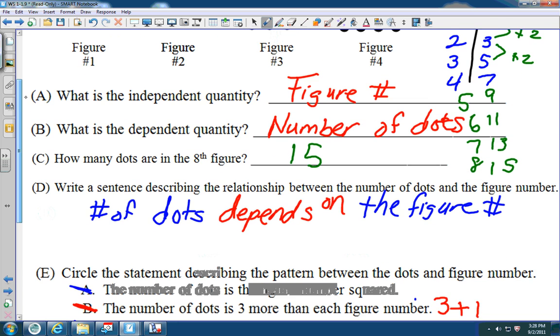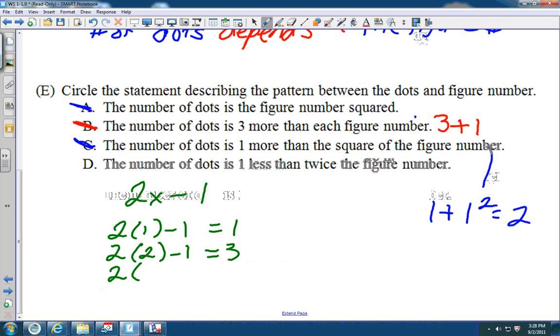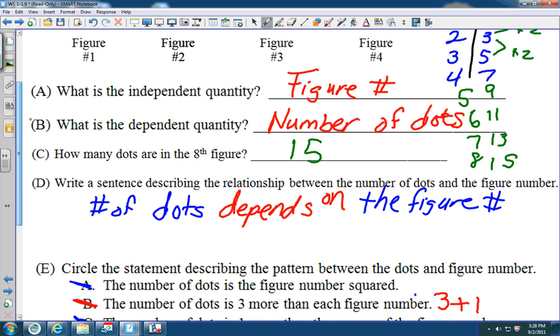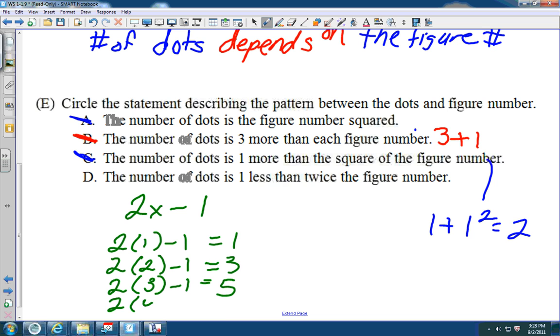Do I have 2, 3? Yep. 2 times 3 is 6. 6 minus 1 is 5. 3, 5 sure is. And I bet 2 times 4 is 8, minus 1, that's 7. Yep, that's what I have, so my answer is D.